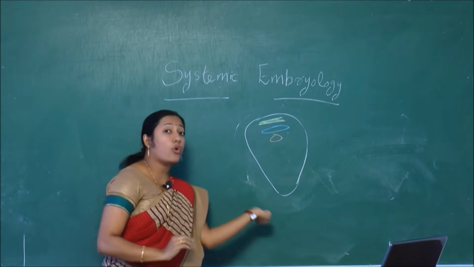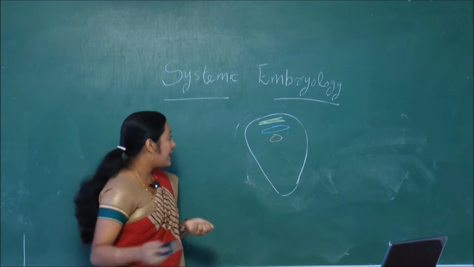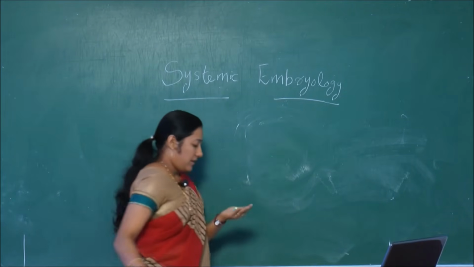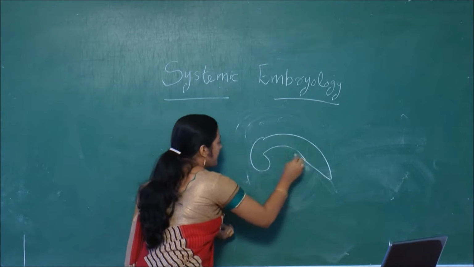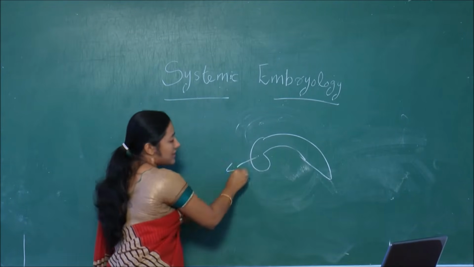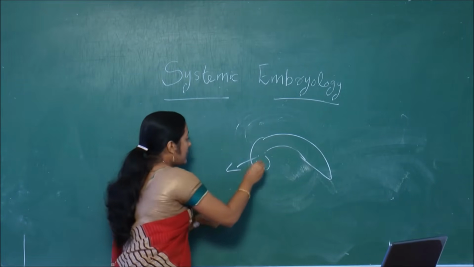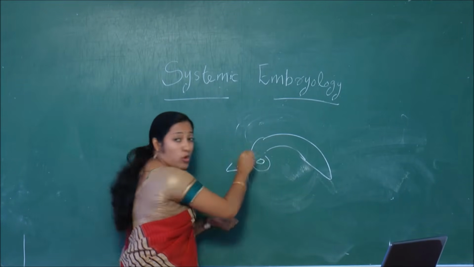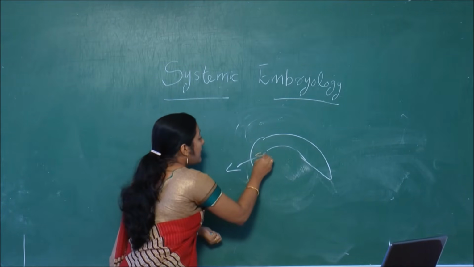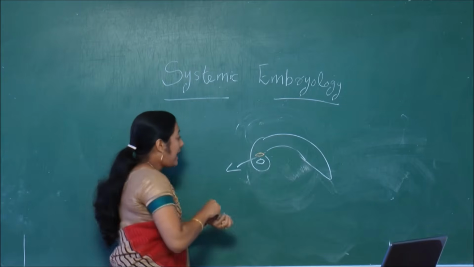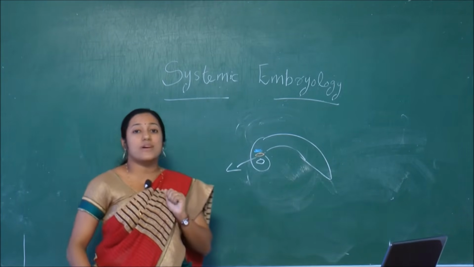And once the folding of the embryo takes place, the head folding takes place, the embryo's folding has occurred. Now this is the head region of the embryo. So now cranial most will be the procardial plate, then comes the pericardial cavity, and after that the septum transversum will come.